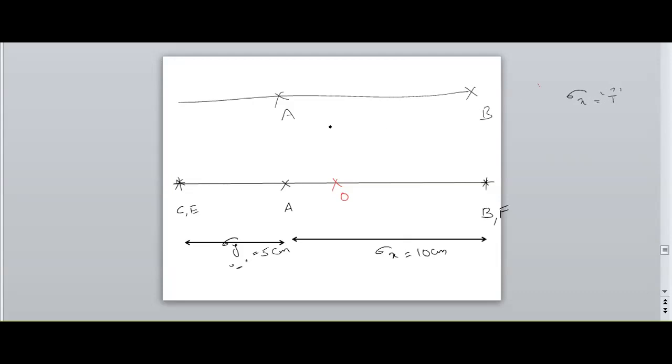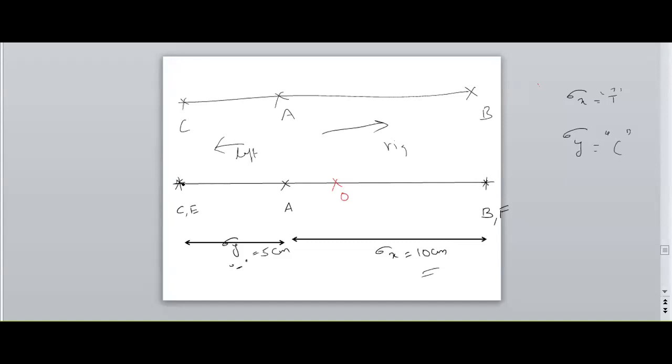I need to consider it on the right hand side, whose length is 10 centimeters, A to B. Next, I need to make a point C towards the left hand side, because the value of sigma y is compressive in nature.